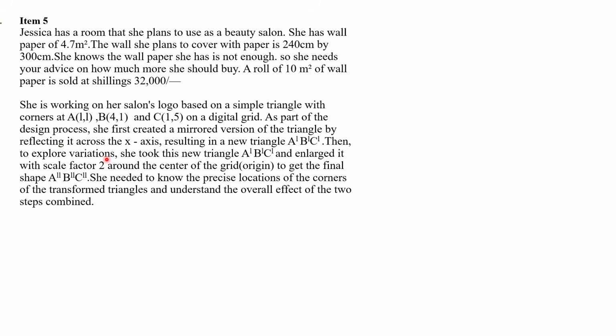Then to explore the variations, she took this new triangle and enlarged it with a scale factor of 2 around the center of the grid, that is the origin, to get the final shape, that is A double prime, B double prime, C double prime. She needed to know precise locations of corners of the transformed triangles and understand the overall effect of the steps combined.